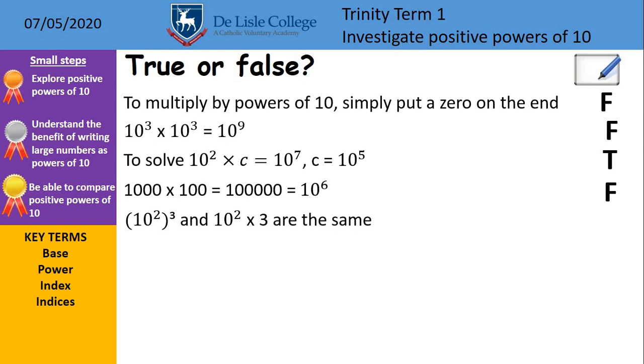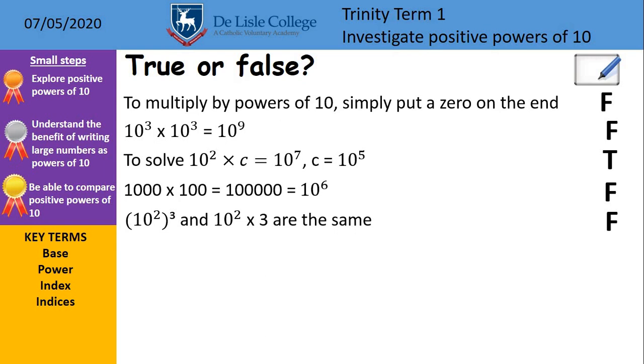Next one. 10 squared, and then all of that is cubed, is the same as 10 squared multiplied by 3. Is that true or is that false? Okay, so on that one, that would be false. And again, it's along the lines of BIDMAS.